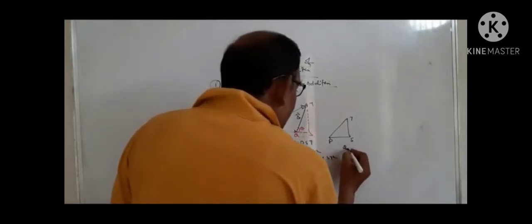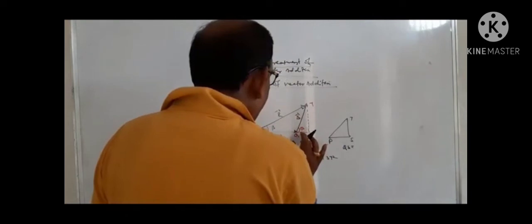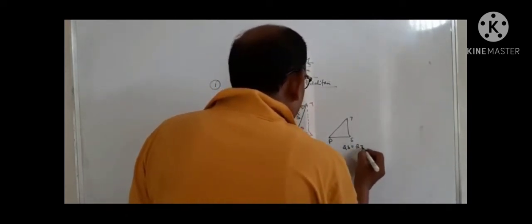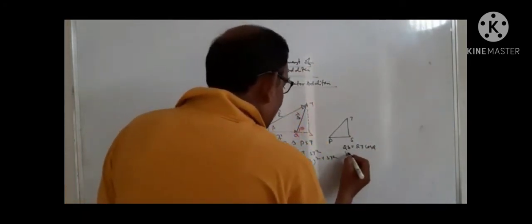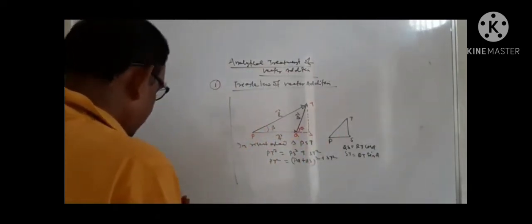Here QS is equal to QT cos theta. Now ST is equal to QT sin theta. So now put here these two values.